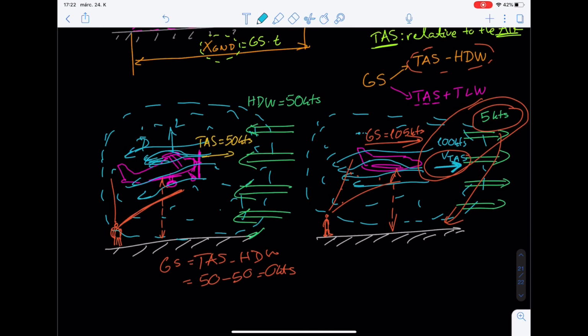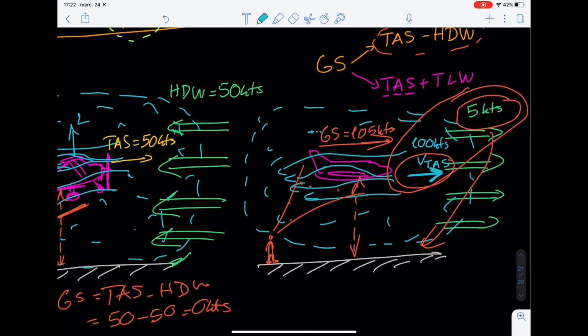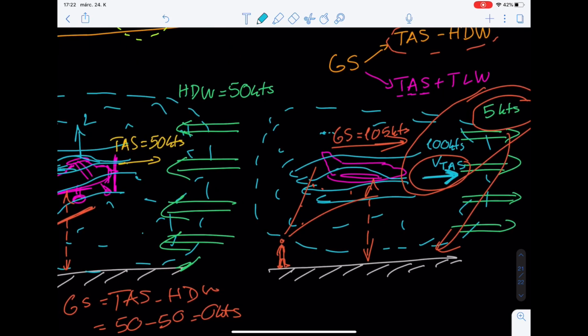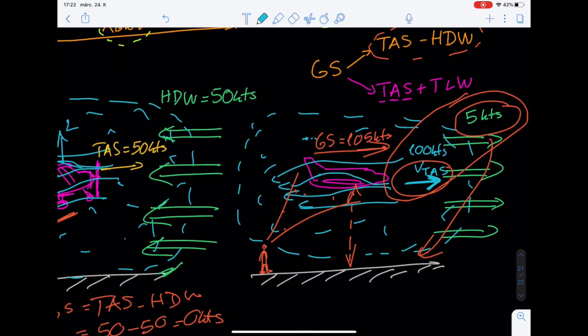And getting back to the other example, there have been some very unscientific posts about a 737 or A320 or just a normal commercial aircraft flying at Mach 2 or something like that, so twice the speed of sound, because they calculated from the ground speed that it was twice the speed of sound.